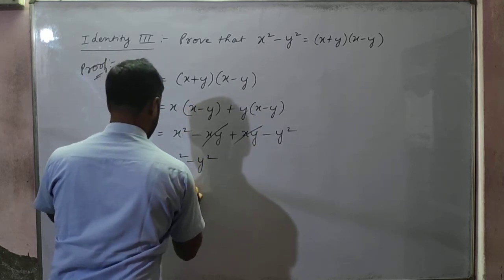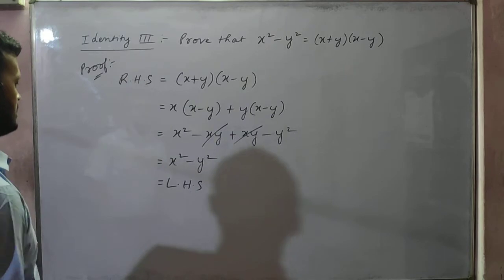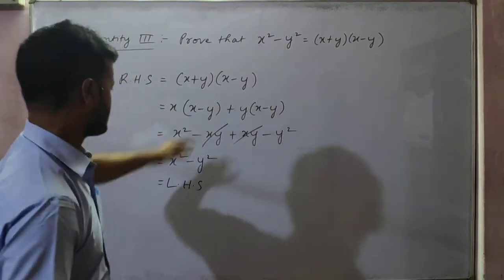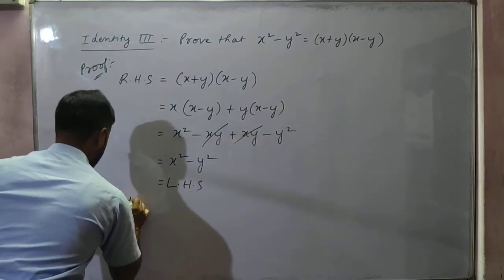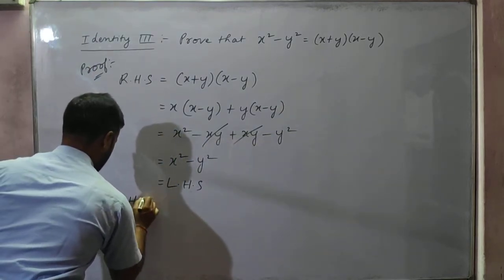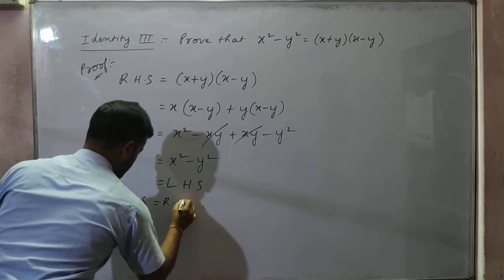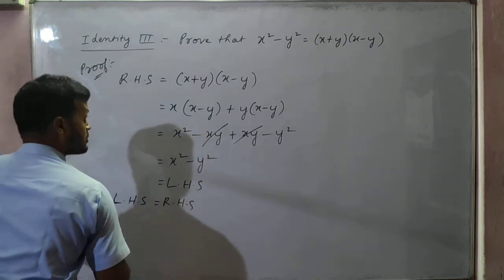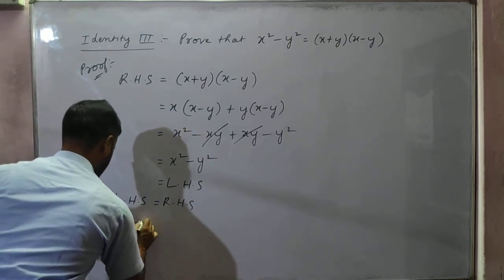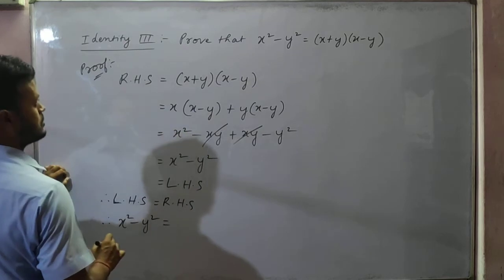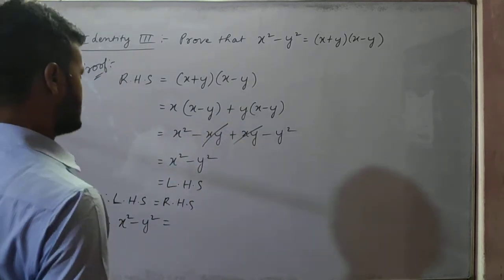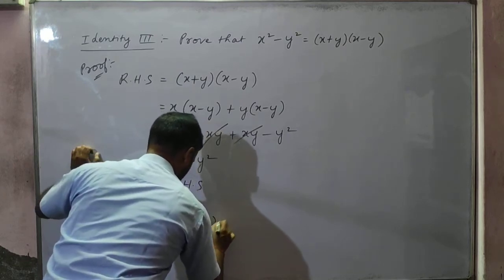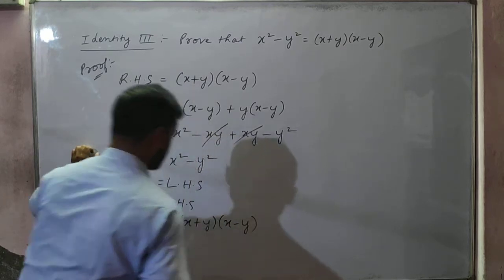That is equal to LHS. We are going from right hand side to left hand side. So therefore, LHS is equal to RHS. Therefore x square minus y square is equal to x plus y into x minus y.